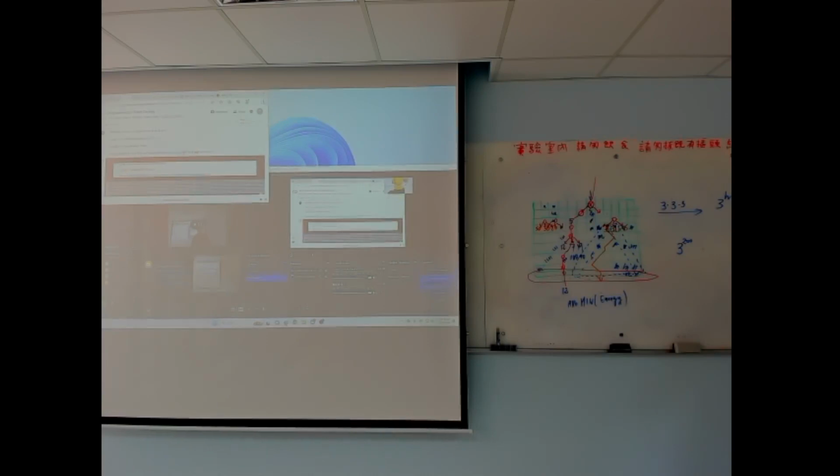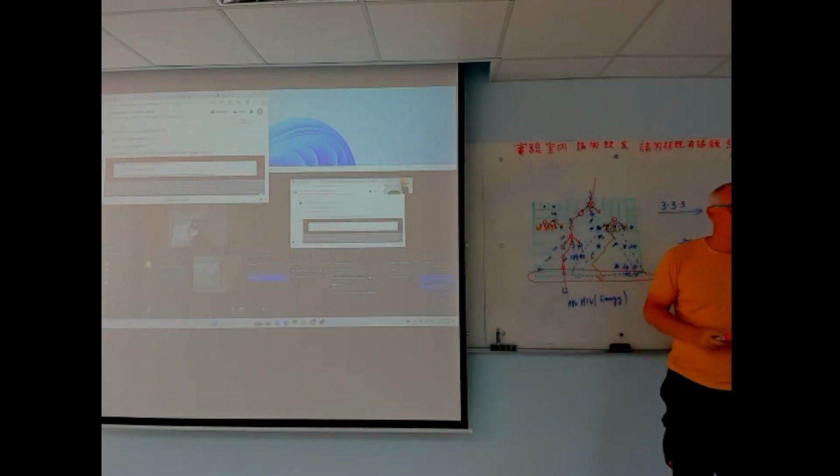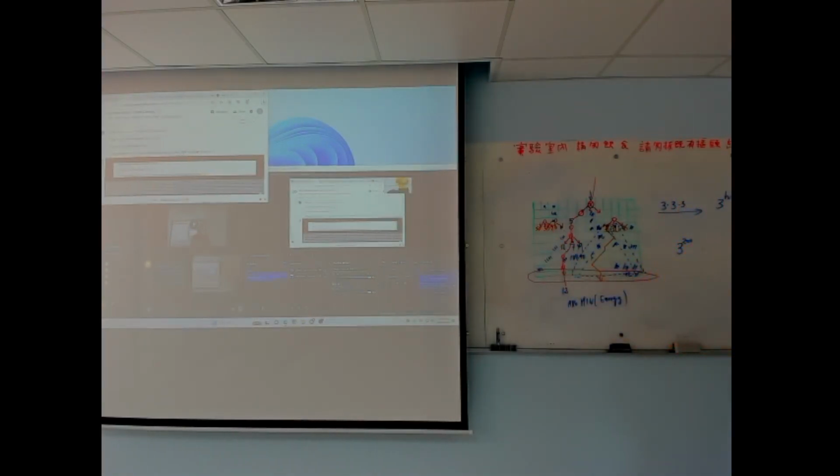The first thing I need to store would be the number of the minimal path, right? But I also need to store the minimal path, because if I just have the number, then I don't know where to go. So I would need to store 2 things, or I need to have access to 2 things.